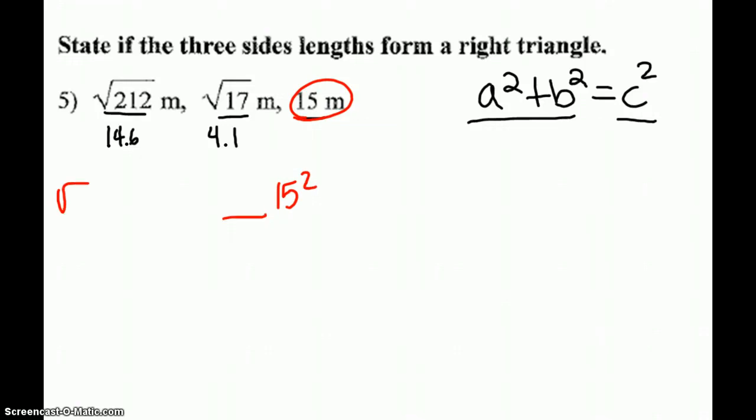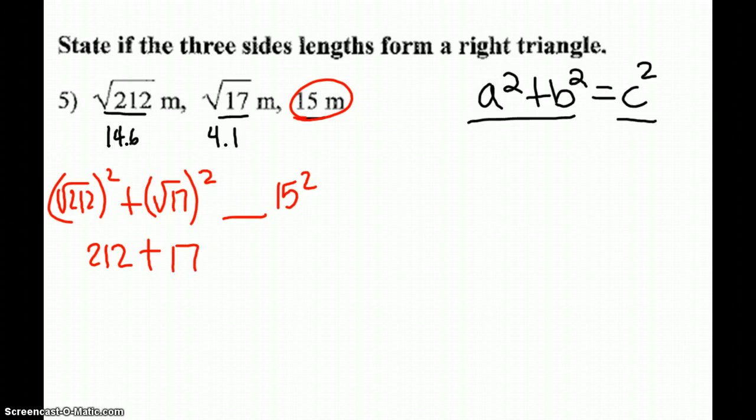So then I plug in root 212 squared and root 17 squared. The square root of 212 squared is just 212. Square root of 17 squared is just 17. 15 squared, oops, that would be 16 squared. 15 squared is 225.